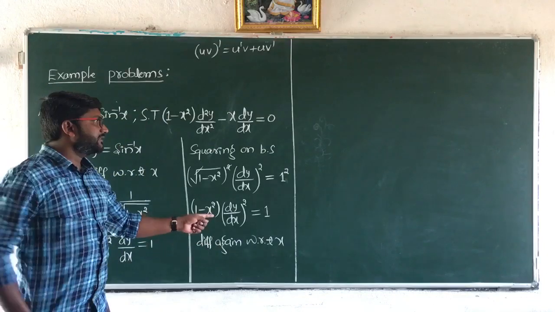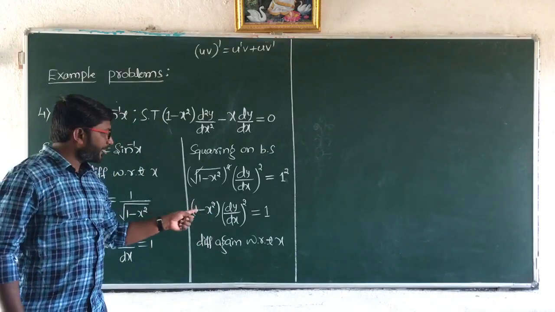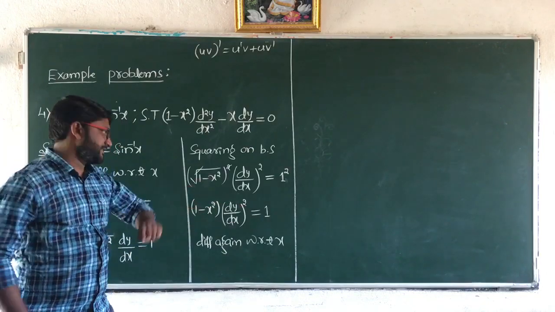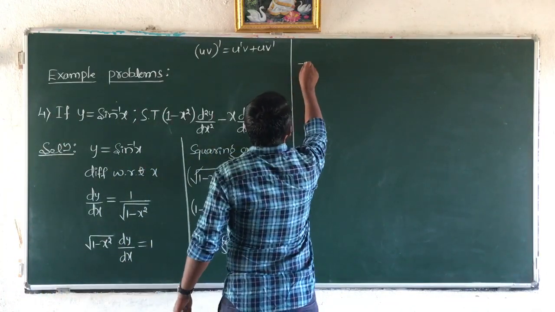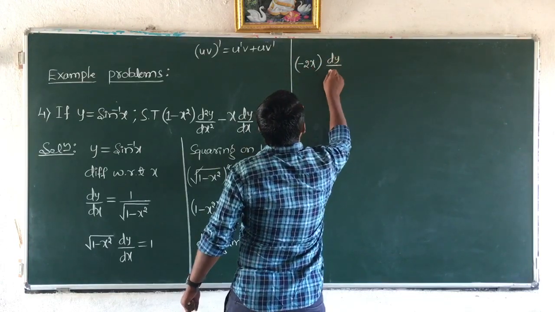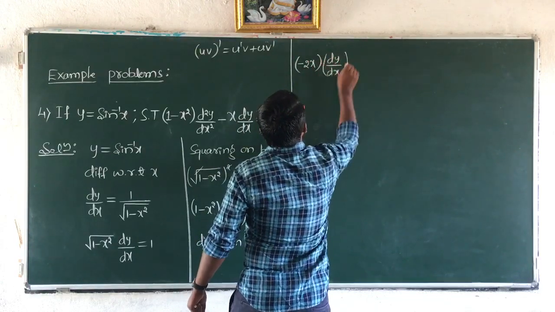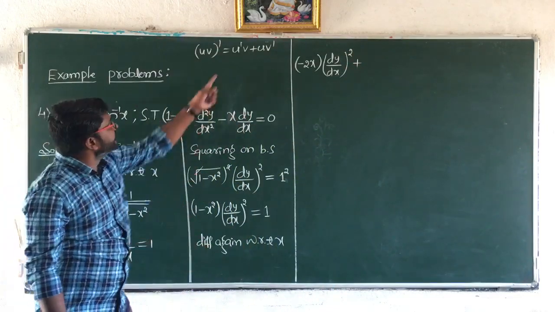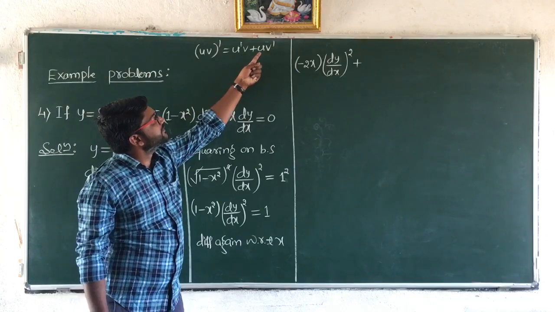So we have to take the derivative of the first function. What is the derivative of the first function? It is minus 2x. So minus 2x. Write the second function as it is, dy by dx the whole square plus, now write the first function as it is. See here, u dash v plus u v dash.